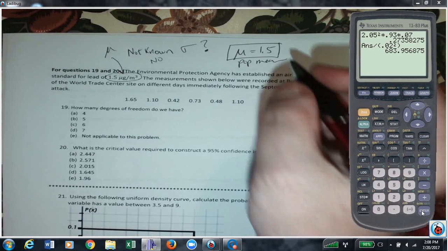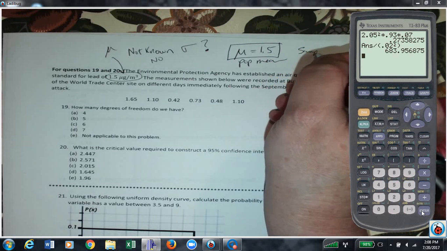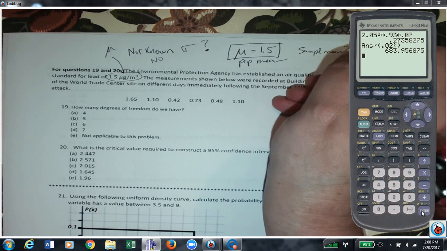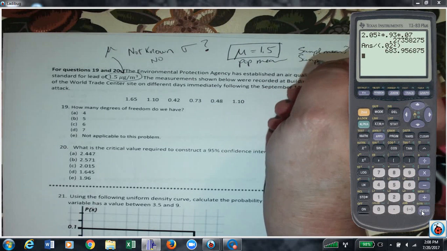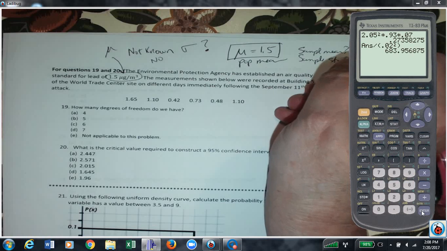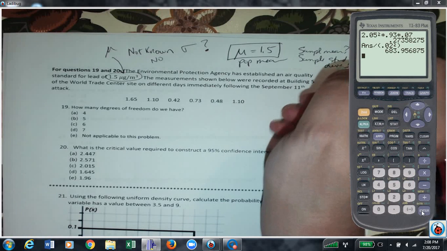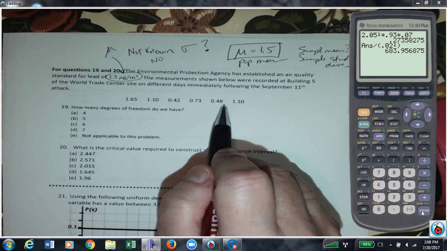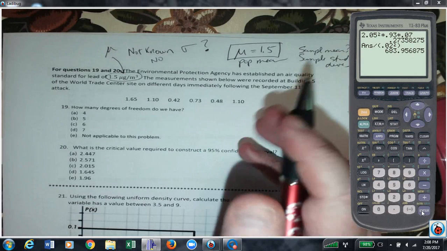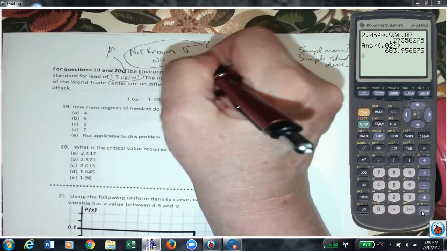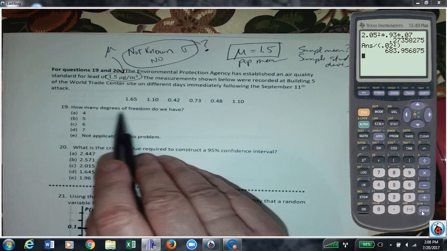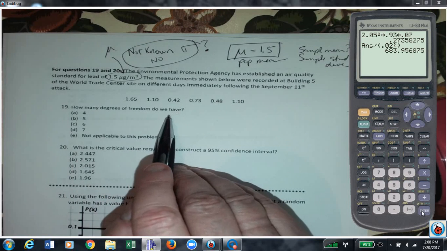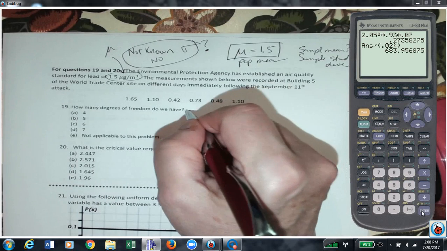Now, what is the sample mean? And what is the sample standard deviation? Well, I have to put that in a chart, in a list, and I have to get it to tell me. So since sigma is not known, we will have degrees of freedom, and it is applicable.